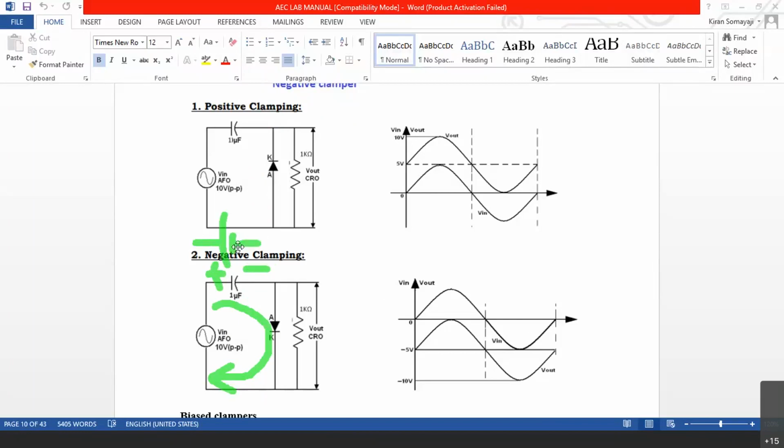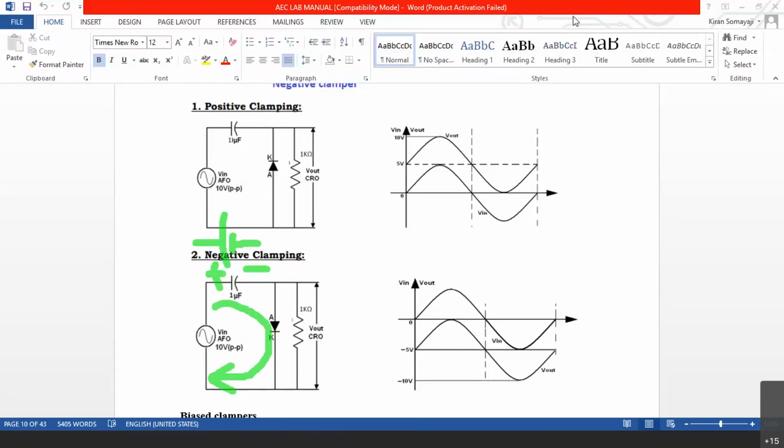When it charges to 5 volts, the negative side is this side, so minus 5 volts get superimposed on the AC. You can see that minus 5 volts is coming here, due to which the signal goes down. So this was the capacitor and clamper's working principle.